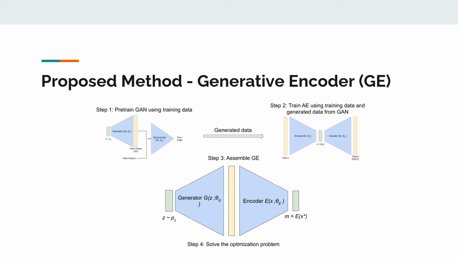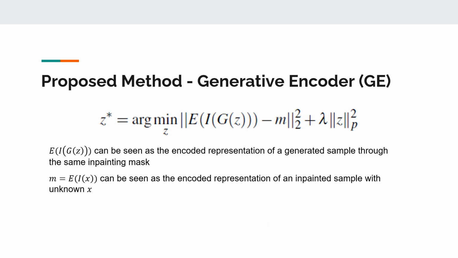Finally, we solve the problem using an optimization method, like in invert GAN, given by the below function. Let us look at each part first. I here denotes the in-painting mask, which is known. Of course, E and G represent the encoder and generator respectively, and M is the encoded representation of the in-painted 2D image, so it will be E(I⊙X).